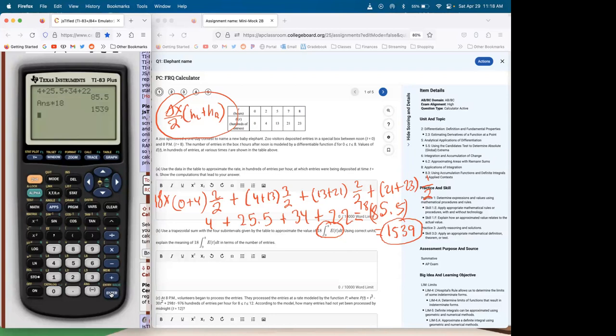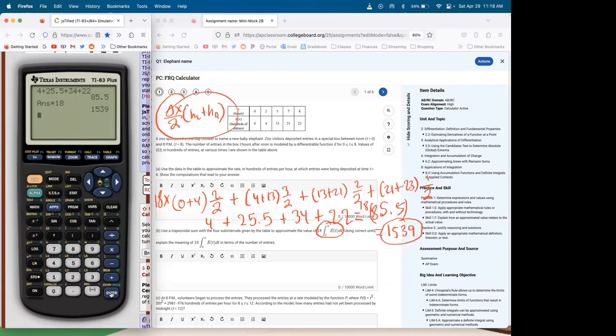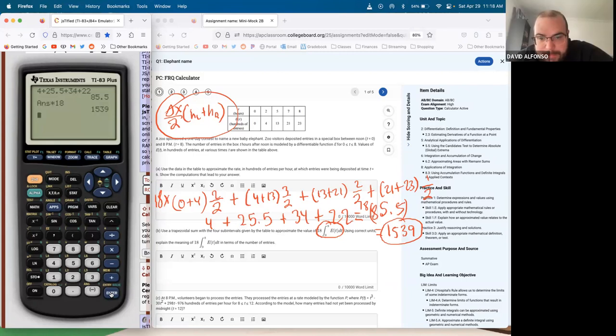By explaining the meaning? Right. So anyone want to take a guess what this represents? Is that just the hundreds of elephants per hour? Mm-mm. For 8 hours?